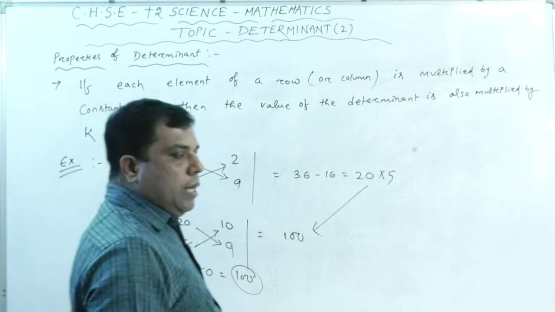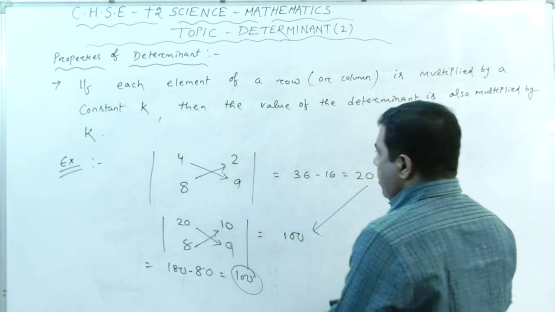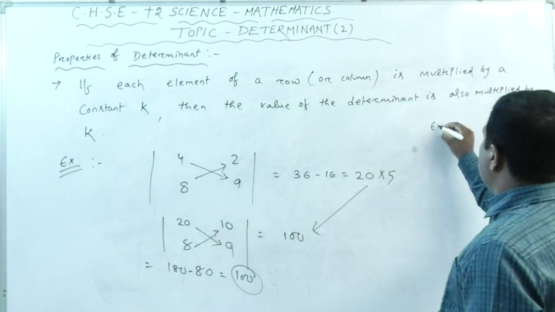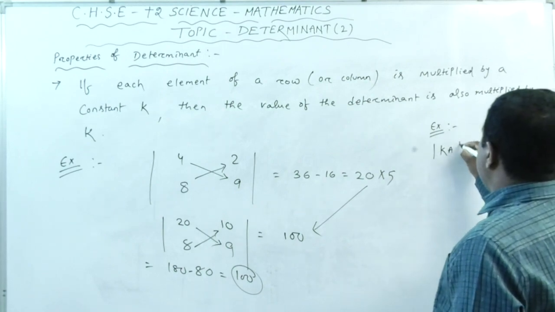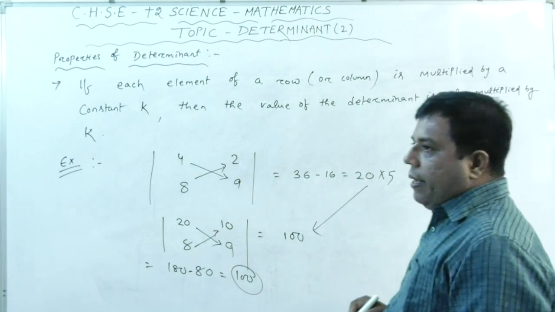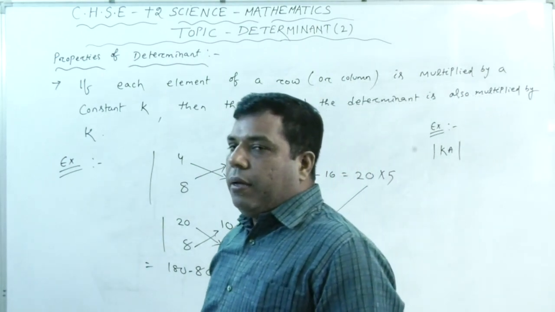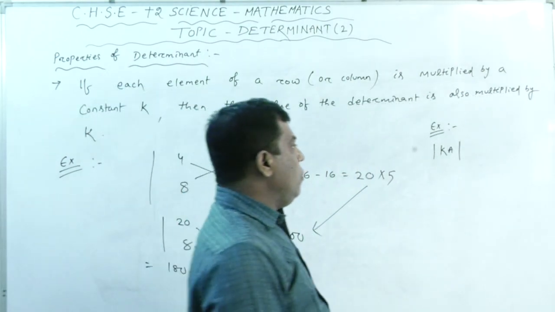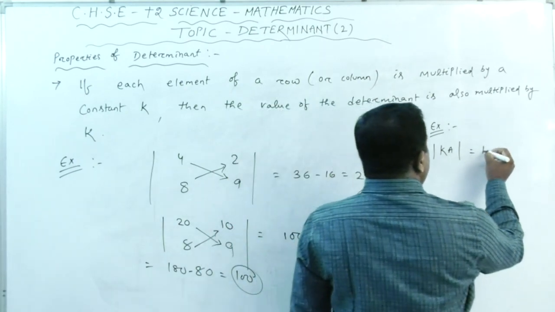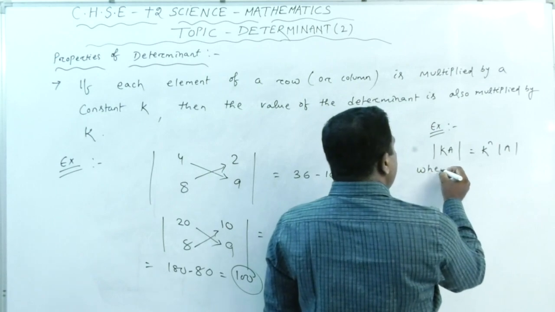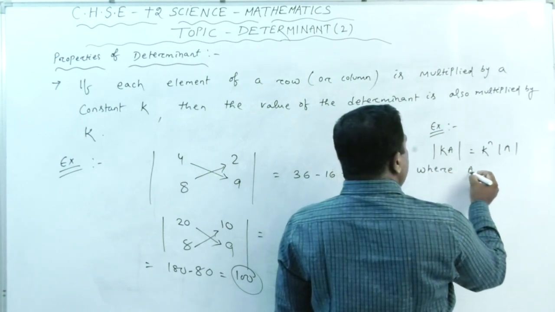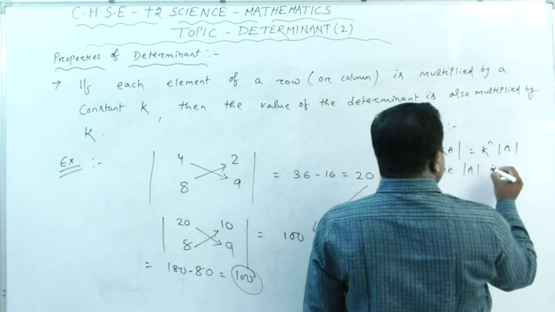So we can make a note here also. The note is, what is the determinant of k multiplied with A? That is determinant of kA. It is equal to k to the power n into determinant of A, where A is of order n.